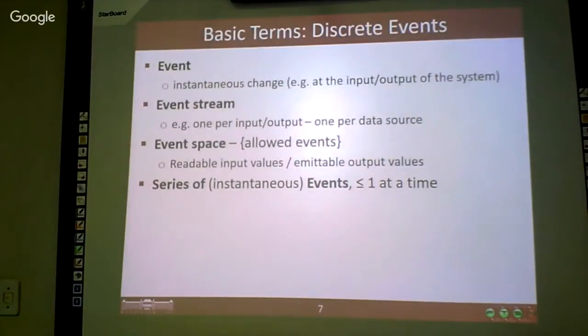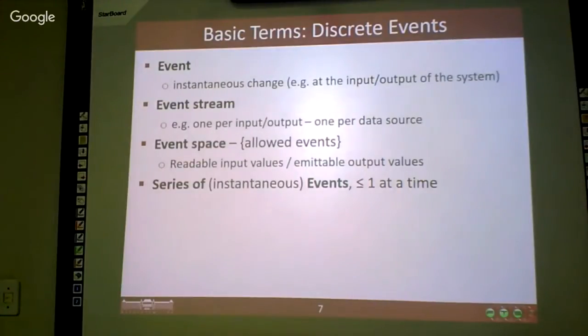In order to be able to define state-based models, at first we have to define the concept of event. An event is an instantaneous change, for example, at the input or output of the system. An event stream is a stream of events that comes from an input or goes out on an output.